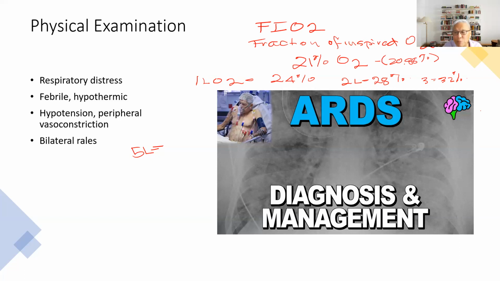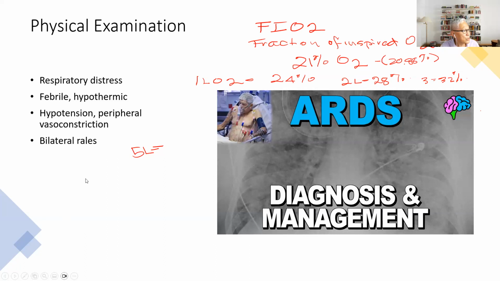So it keeps building up to the point that the patient will have to require 100% FiO2. All right, so that's the progression of this particular condition. And ARDS is not a disease, but rather a condition that is resulting from another disease process.